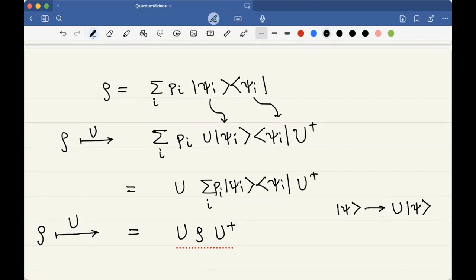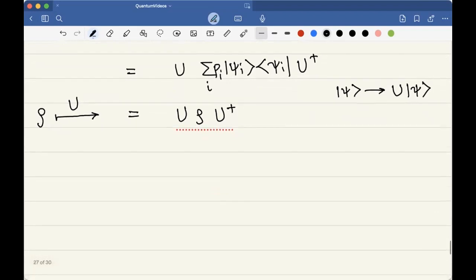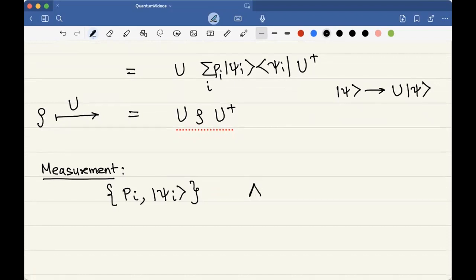Okay, so what about measurement? Next is measurement. Let's say you have an initial state which is an ensemble with probabilities p_i and pure states psi_i. So this is some density matrix, and you measure it using observable A, whose spectral decomposition is given by the summation over m of m times P_m.